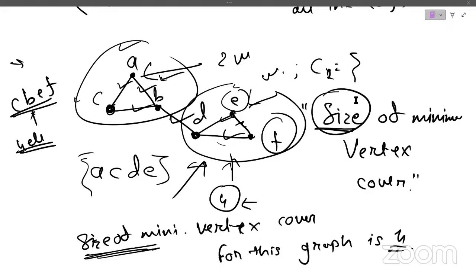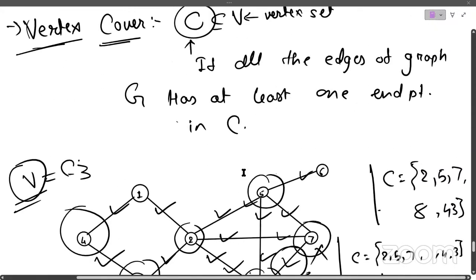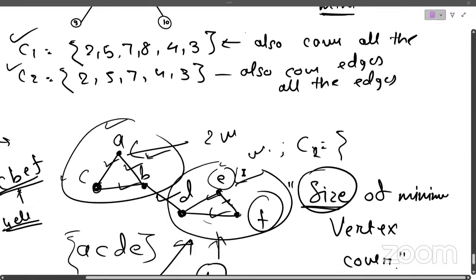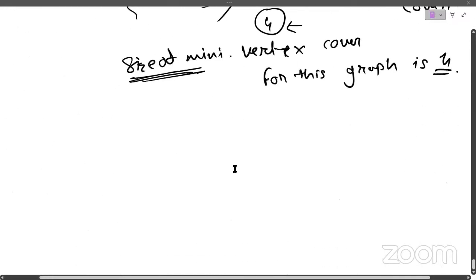Okay. So this is one concept, that vertex cover. Now we go to the second one. Second one is called matching.